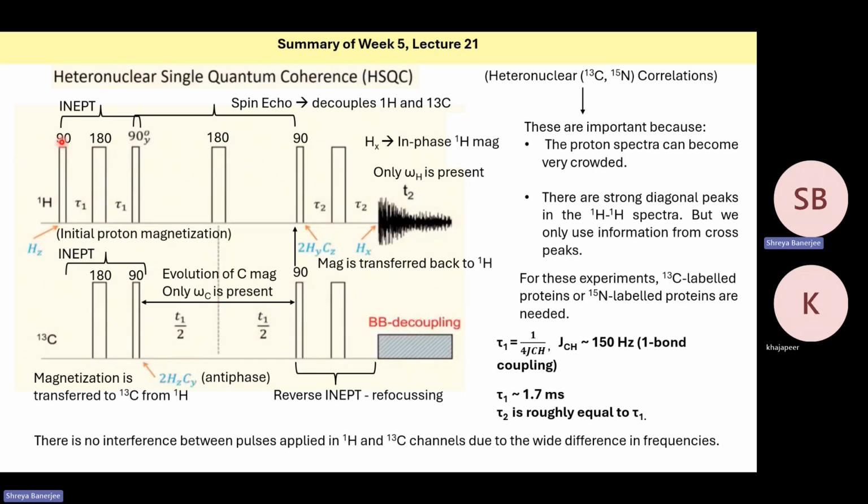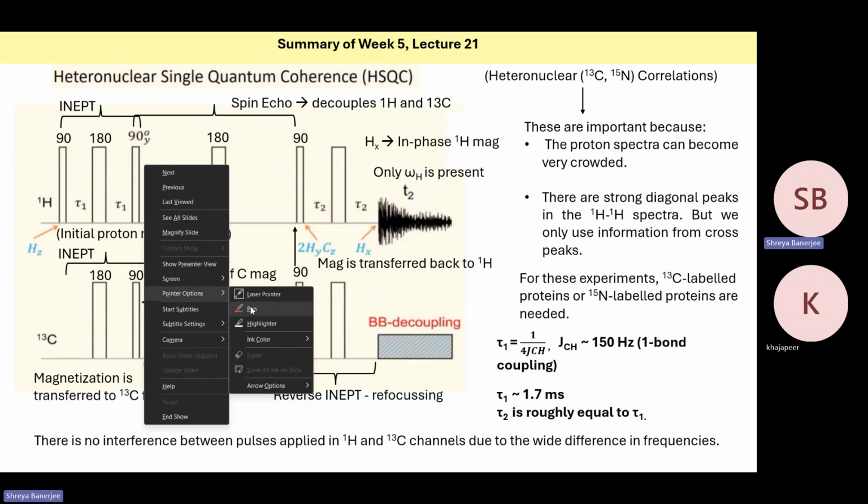A 90-degree pulse is applied on the 1H channel, and then a 180-degree pulse is applied on both the 1H and 13C channels. Finally, a 90-degree Y pulse is applied again on the 1H and 13C channels. And there are two equal time delays, tau 1, between the 90-180 and 180-90.